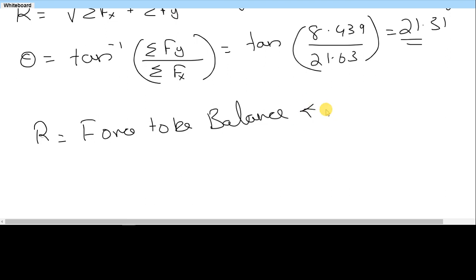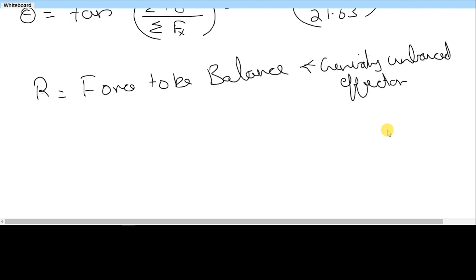This force is generating unbalanced effect on the rotating body. So to negate this unbalancing effect, we have to balance it. We have taken forces as m into r, we have not equated omega square there. So we will be taking R also as m into r. So R is actually the resultant force generated by the mass, total resultant mass into total resultant radius of rotation.